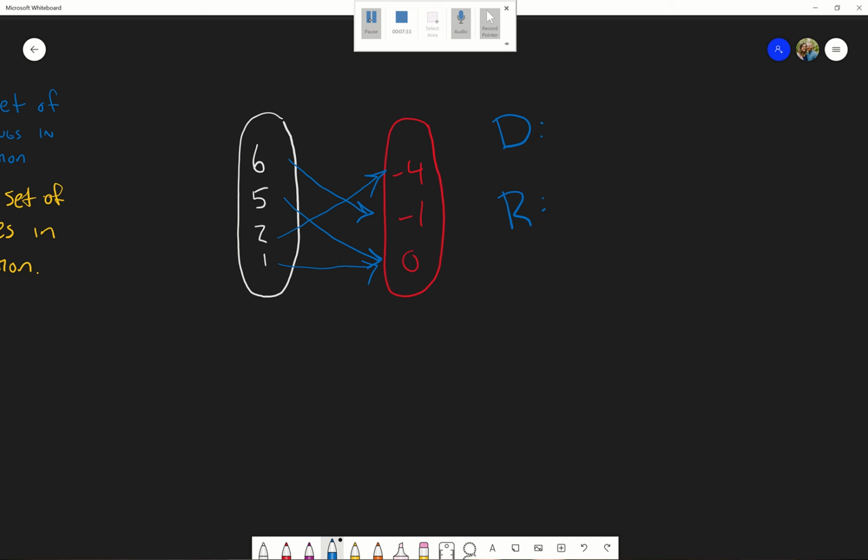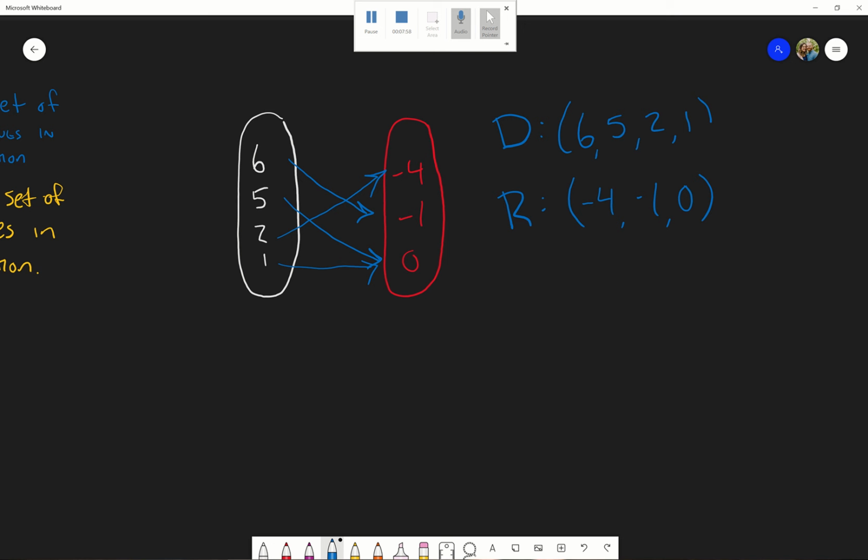Well, the domain would be our x values, which is 6, 5, 2, 1, and the range would be our y values, which is -4, -1, and 0. So that would be our domain and range, x's and y's.